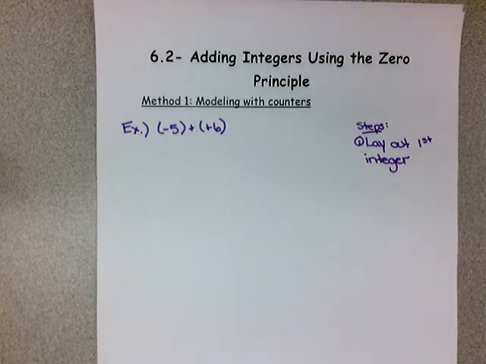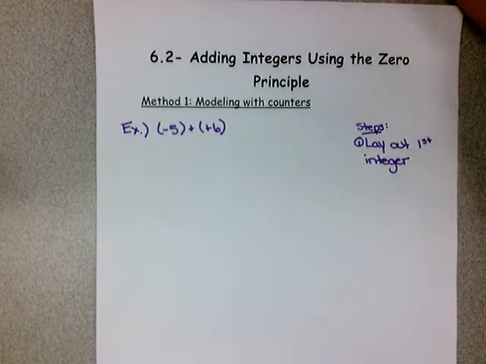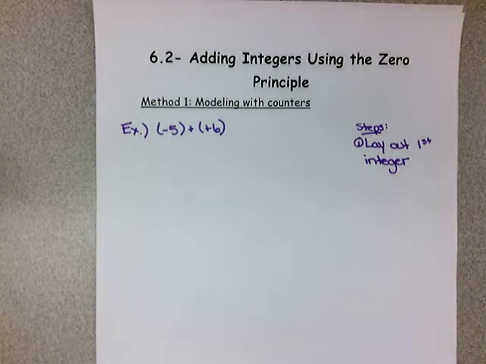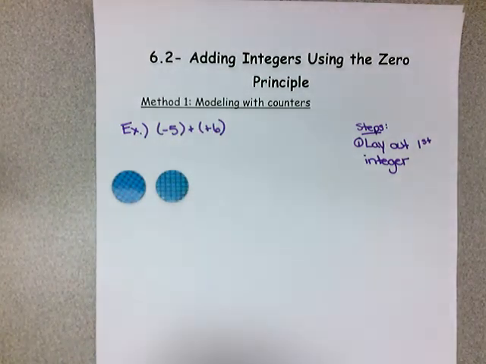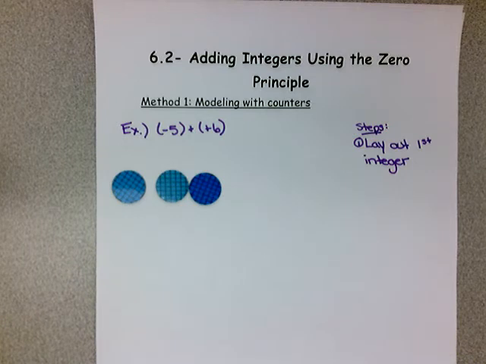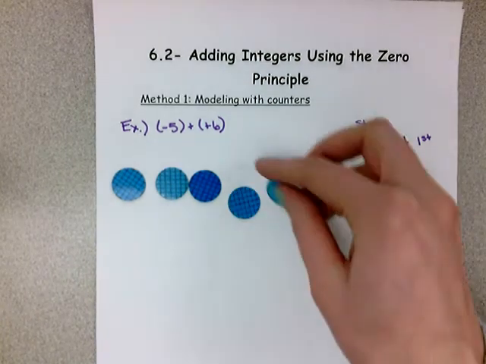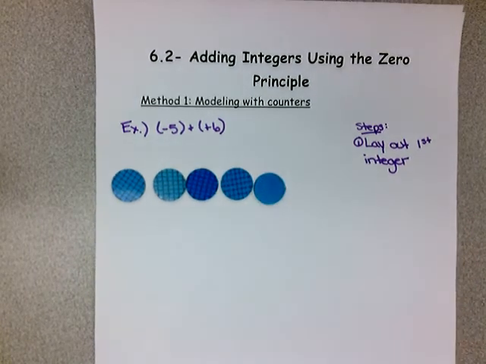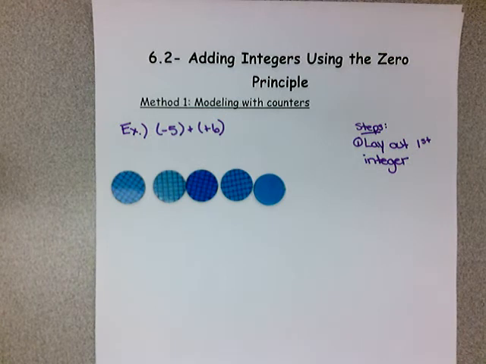Our first integer there is -5. So we have -5, so we're going to lay out 5 negative counters. In this case, we're going to use blue to represent our negative numbers and red to represent our positive numbers.